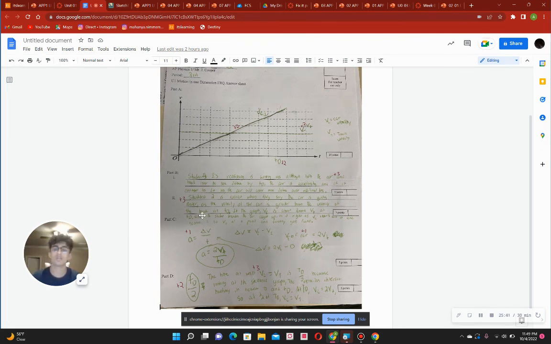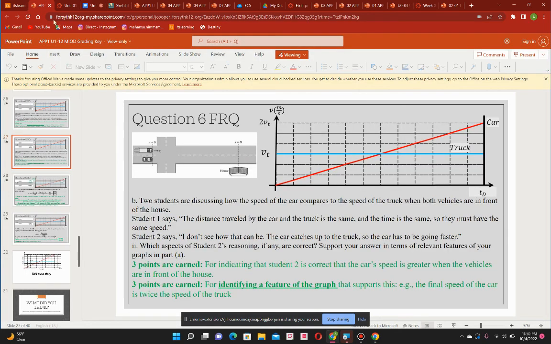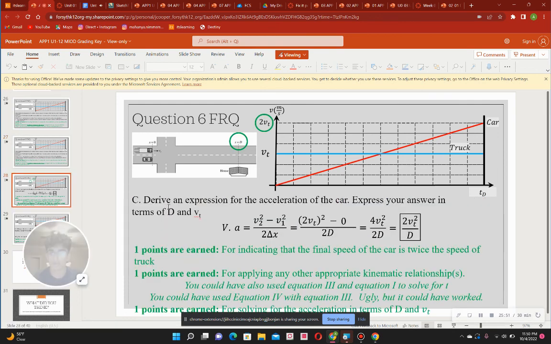But of course, you have to actually use a kinematics equation. So over here in part C, I was supposed to use this, I guess the fifth kinematic equation.